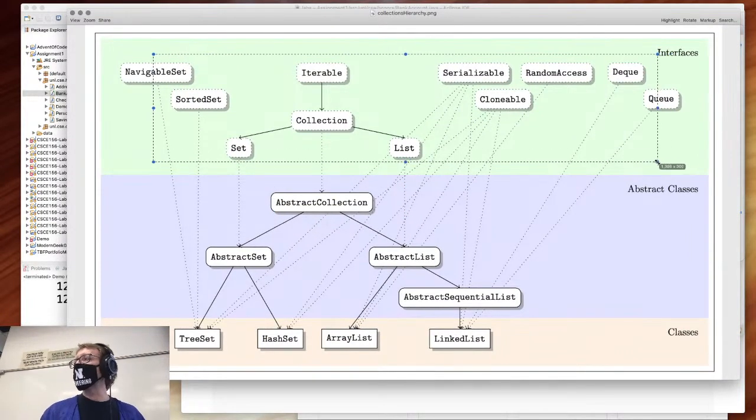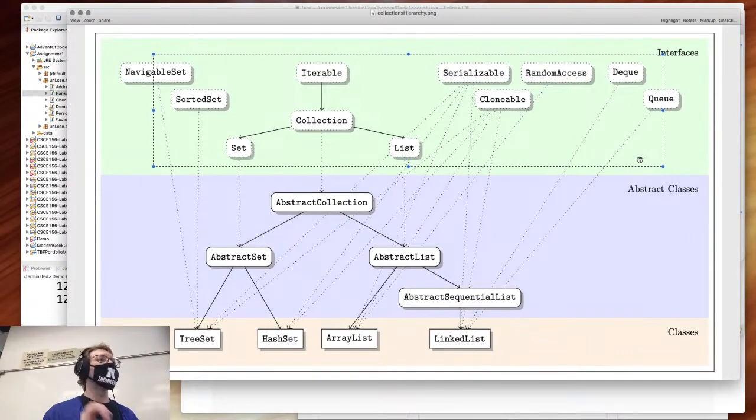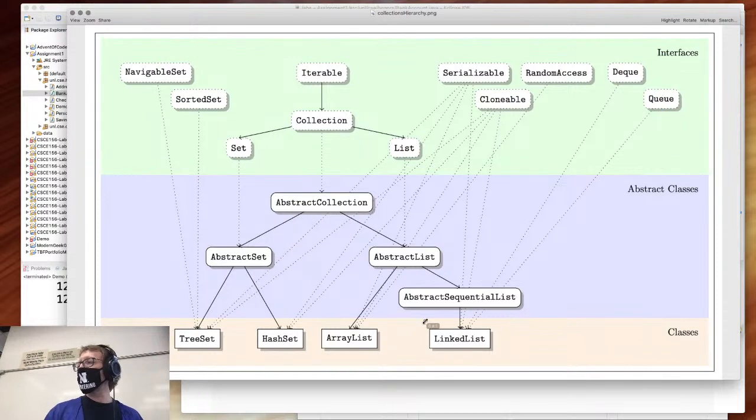What are all these things? These are small interfaces. These are aspects that you can mix in to your classes. For example, the linked list down here. It is an abstract collection. It's an abstract list. It's an abstract sequential list. That just means that, forget about this for now. Let's go with ArrayList because that's simpler.